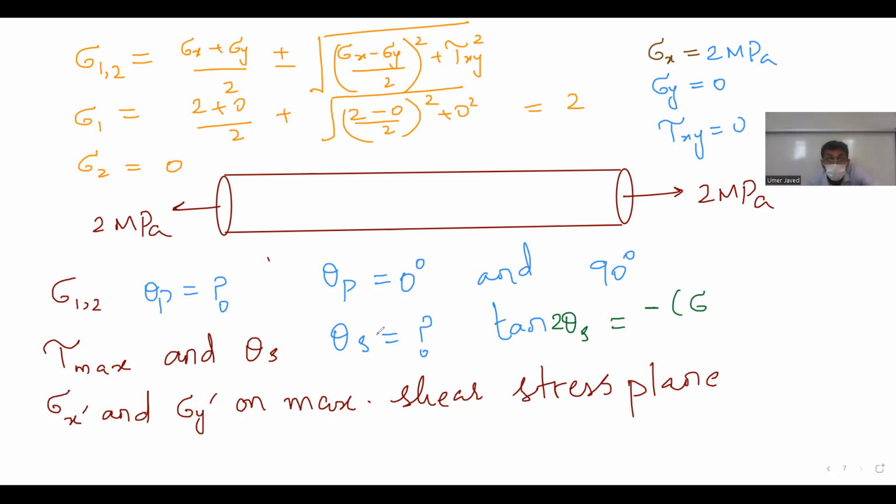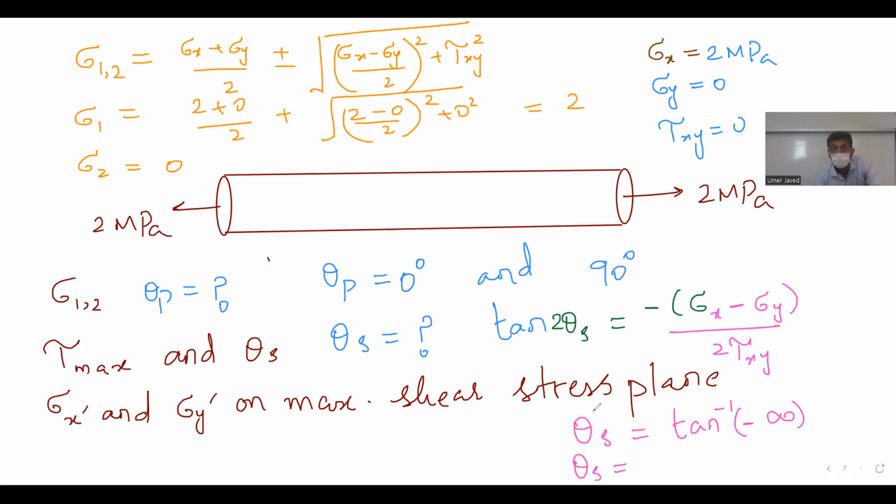Theta... minus (stress X minus stress Y) over 2 tau XY. Now give me theta S equal to tan inverse of minus infinity, right? Which will come out to be? No, this is 2 theta S, isn't it? So theta S will come out to be plus minus, whatever, 45.